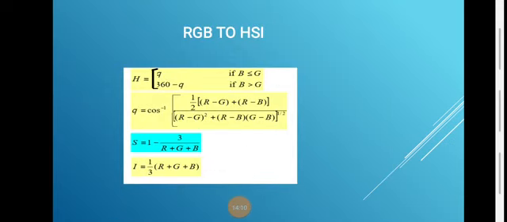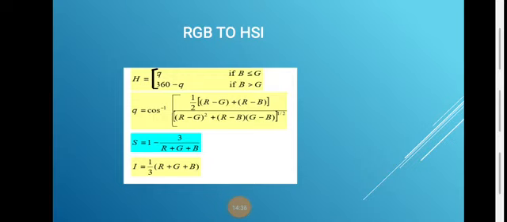Now the formula conversion from RGB to HSI. Theta is the value we are giving. For the hue component H in an RGB image, H is equal to theta when blue is less than or equal to green, and 360 minus theta when blue is greater than green.